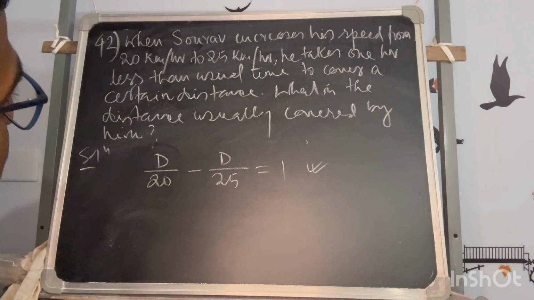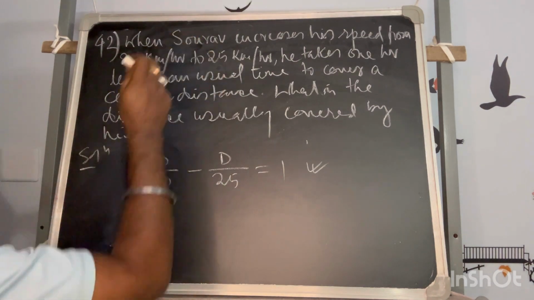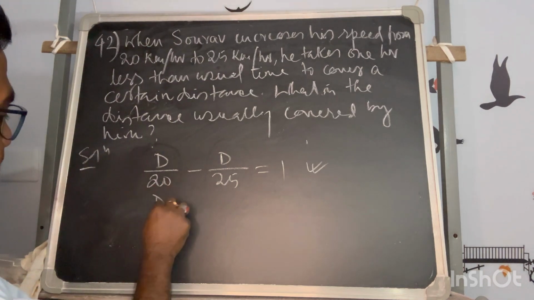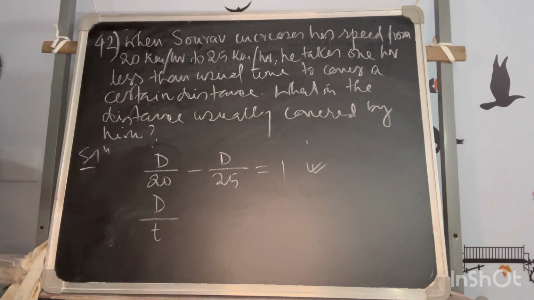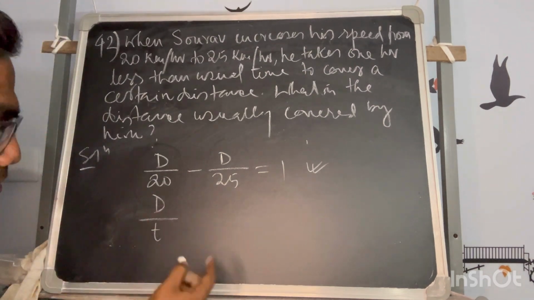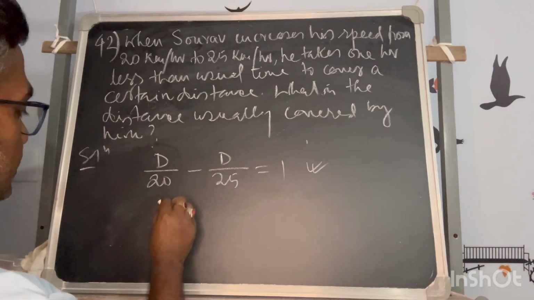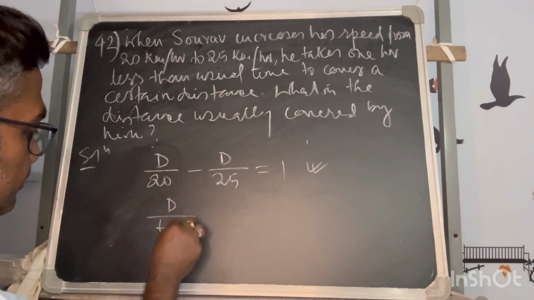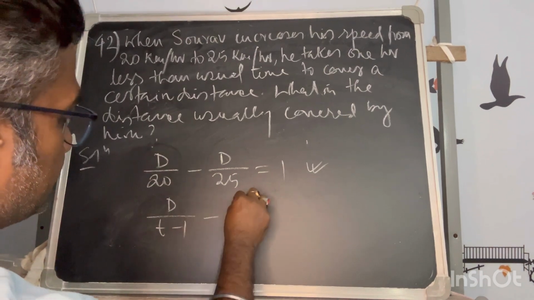Or else, he has increased the speed to 25, so distance upon the time taken; let T be the initial case. This is the speed initially, which must be less, so D upon time minus 1 hour, minus distance upon time.